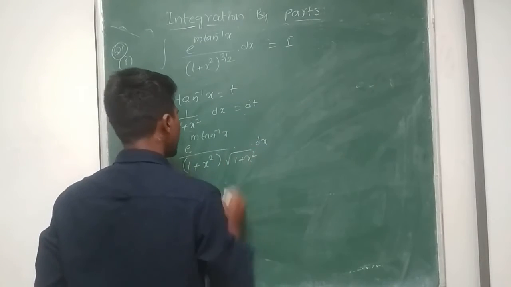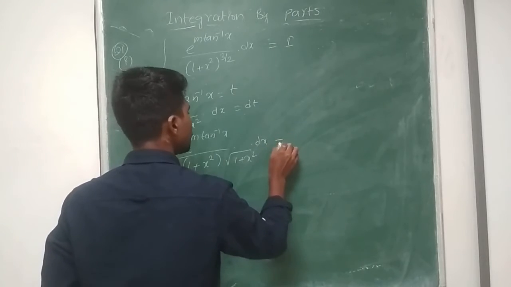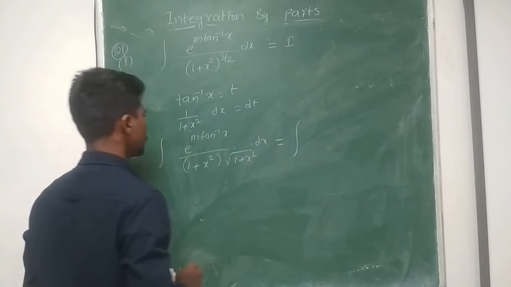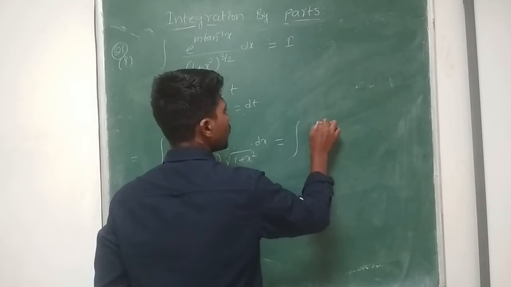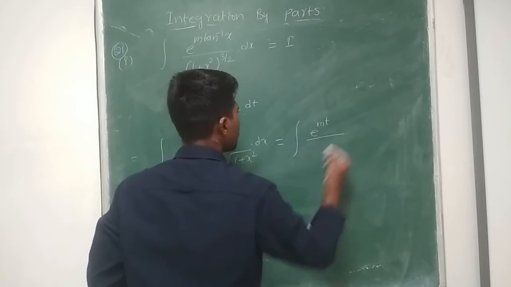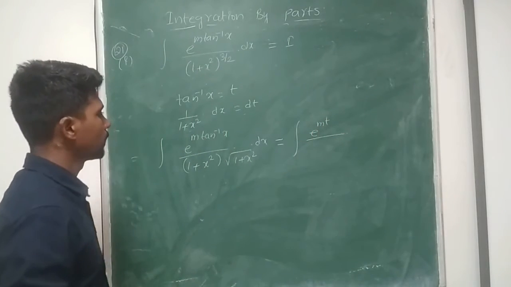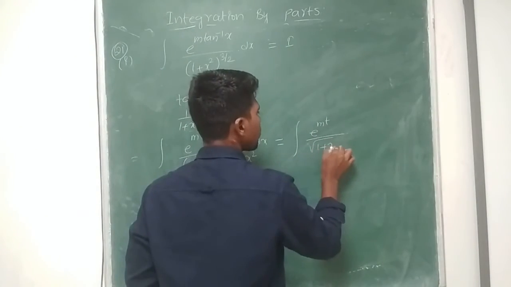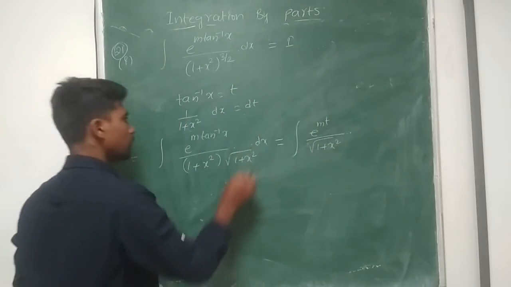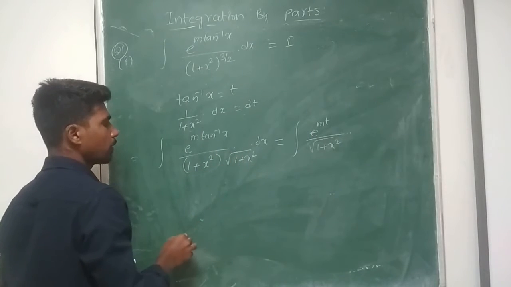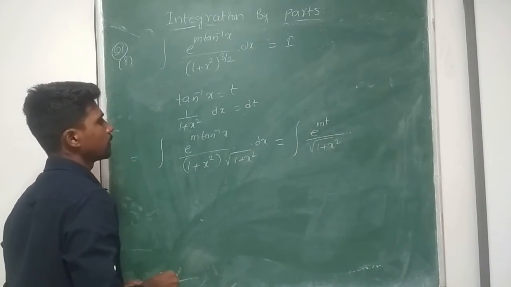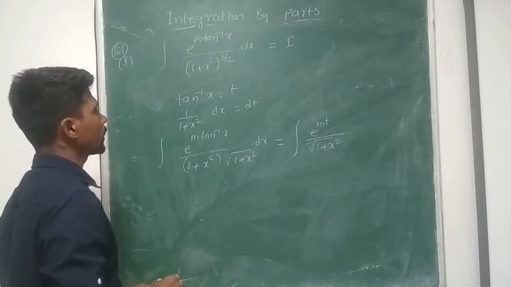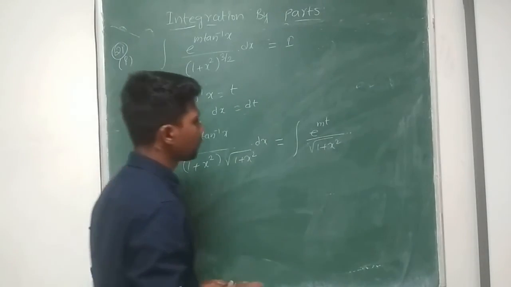So now with the help of this, I can simplify, which is nothing but equal to e power m into t by root 1 plus x square into dx by 1 plus x square, which can be replaced as dt.